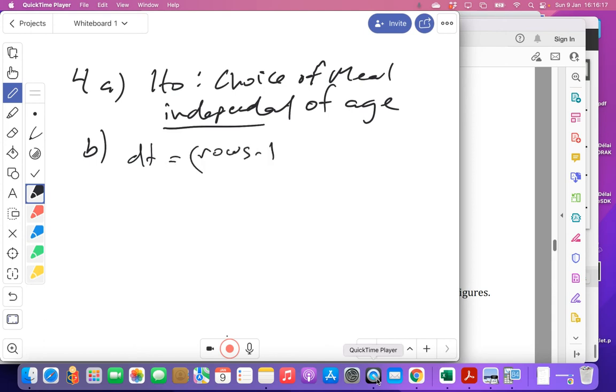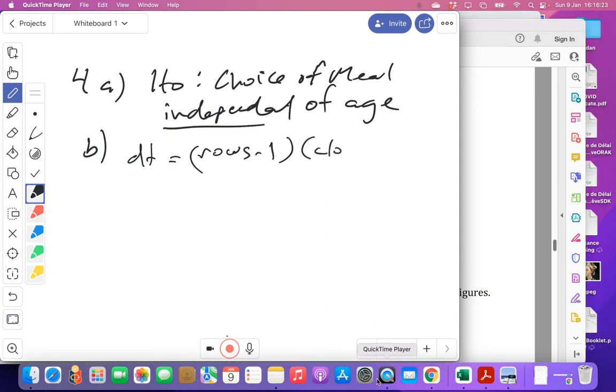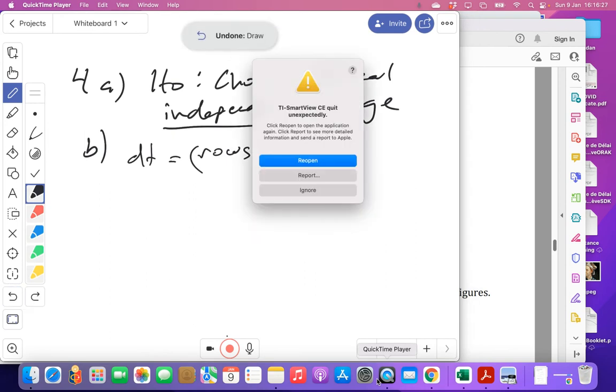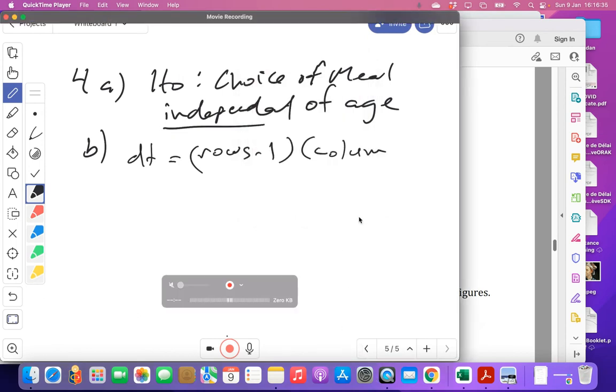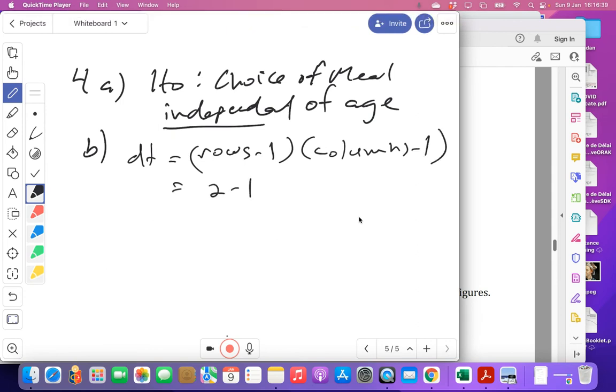So there were 2 rows and 3 columns, not clowns, columns. Calculator quit again. So 2 minus 1 times 3 minus 1, 1 times 2 is 2 for the degrees of freedom.